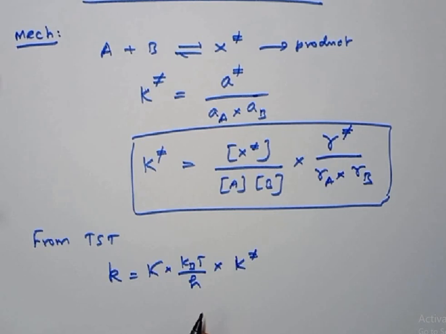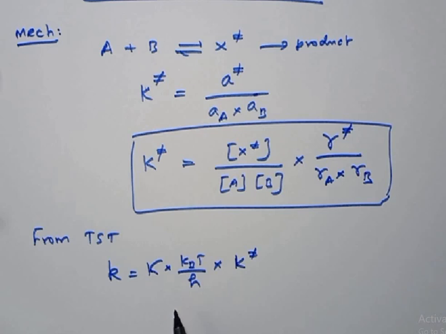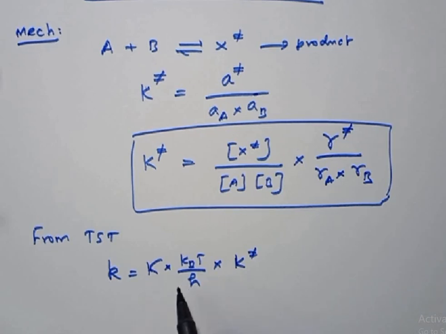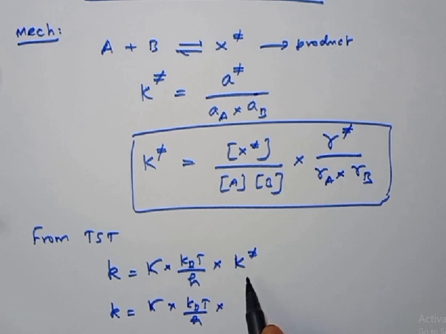So if you substitute that, you will get this expression. I can write K is equal to kappa into KBT by H into this K double dagger.